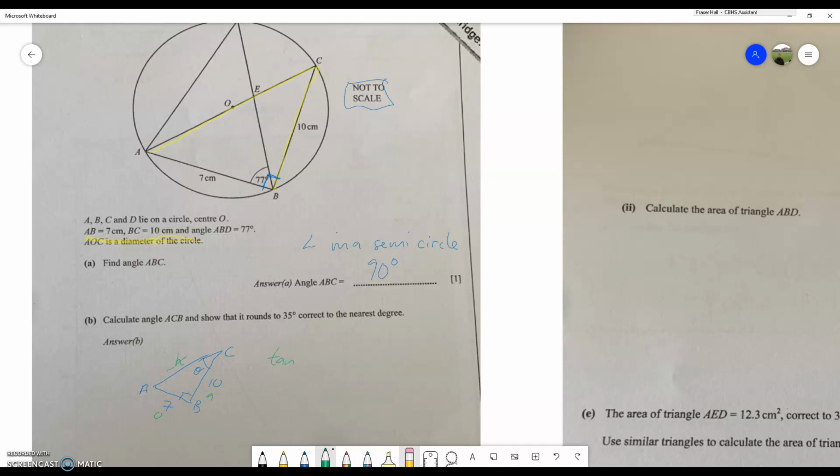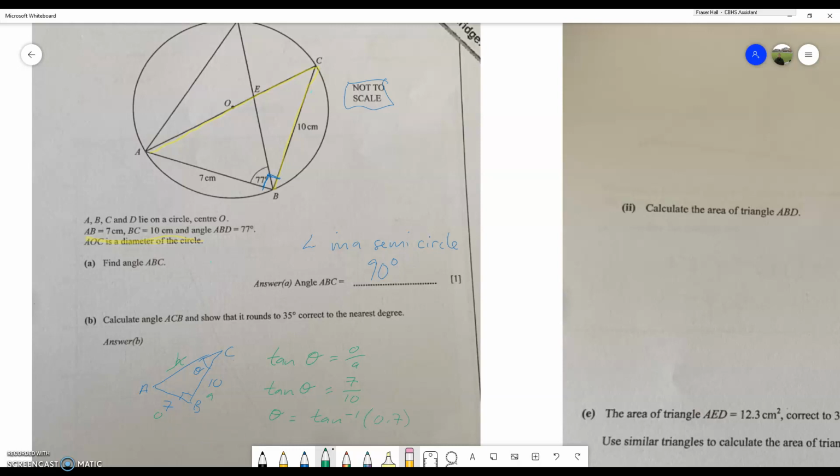So tan theta is equal to O divided by A. Then substitute in the values: tan theta is equal to the opposite, which is 7, divided by 10, meaning that theta must be equal to the inverse of tan of 0.7, remembering that we're finding an angle.